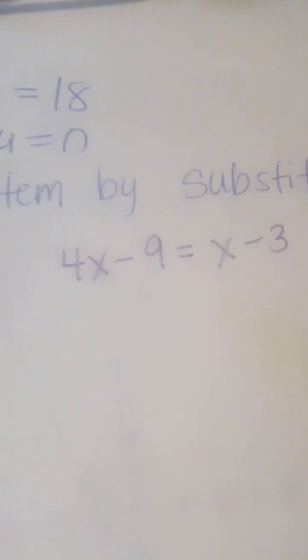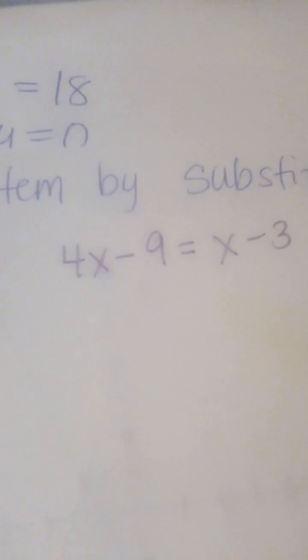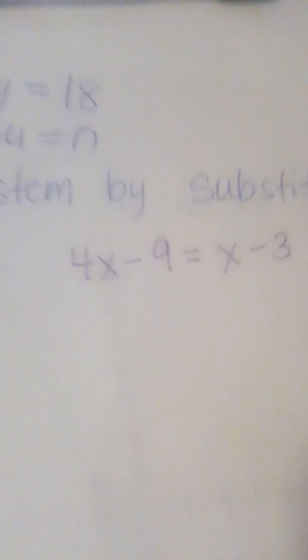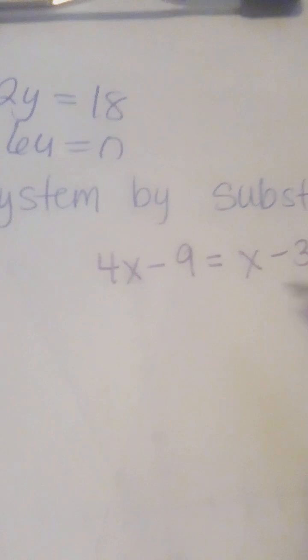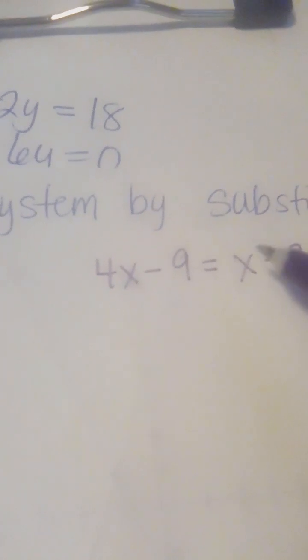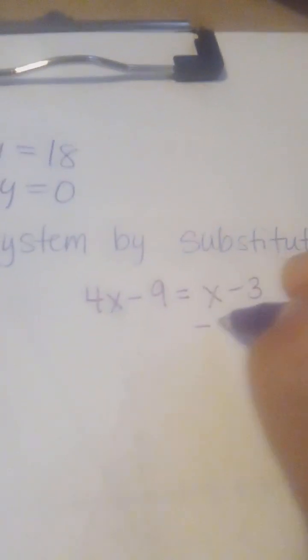All right. Then we have to deal with the variables first. So I see 4x on the left side, x on the right side. I'm going to do the opposite, which is subtracting.